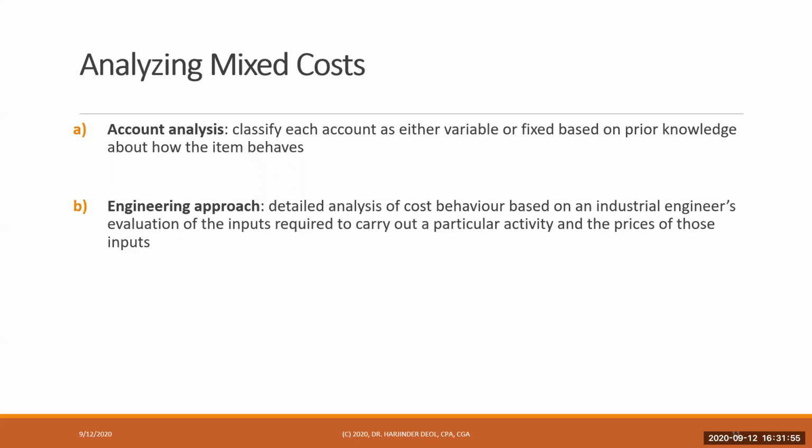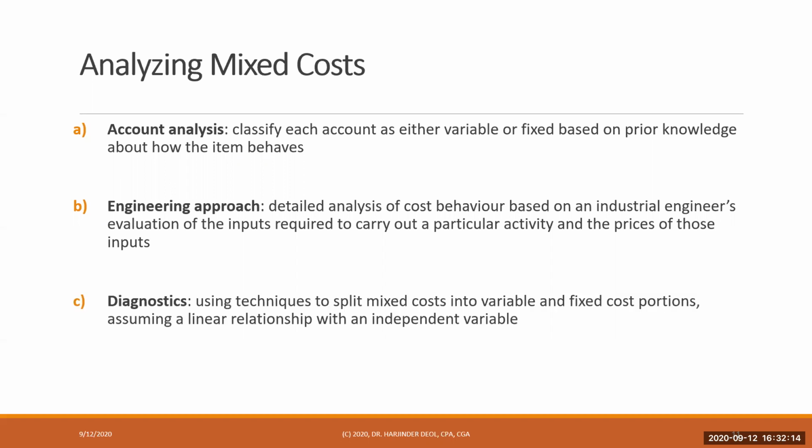We could use an engineering approach, which involves a detailed analysis of cost behavior based on an industrial engineer's evaluation of the inputs needed to carry out a particular activity and the costs of those inputs. And thirdly, we could use diagnostics, whereby we use techniques to split mixed costs into their variable and fixed cost portions, making an assumption that there is a linear relationship between the mixed cost and some independent variable.